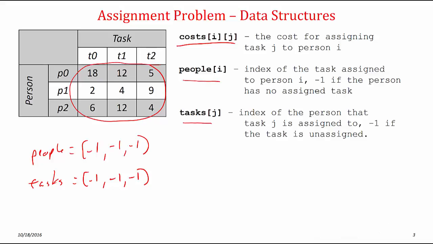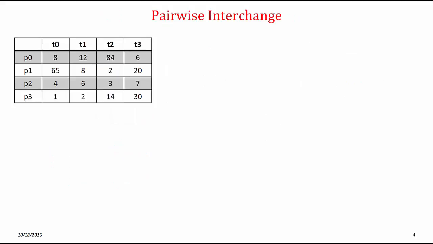We've spent quite a lot of class time talking about these data structures, so if you're still unsure of how they work, make sure to go back and check your notes, because we're not going to focus on them anymore for this video. So what I'm interested in is a process called pairwise interchange.